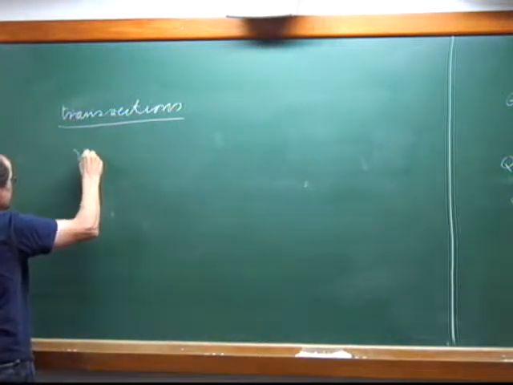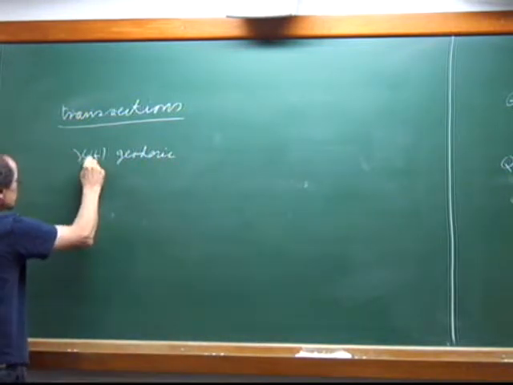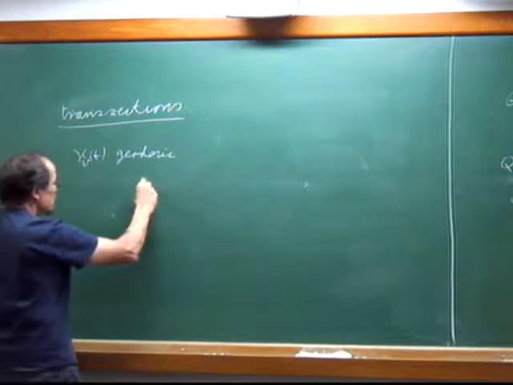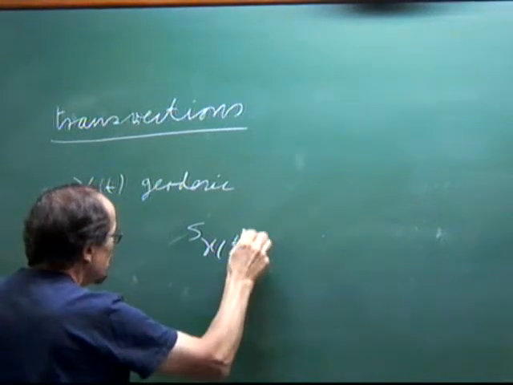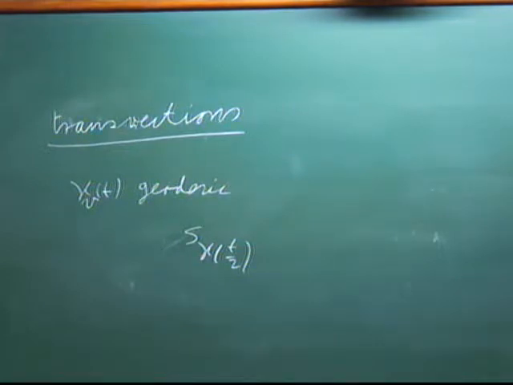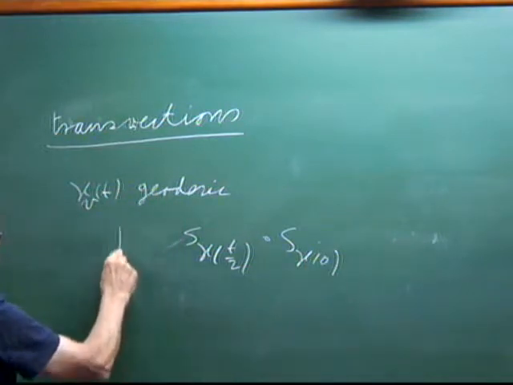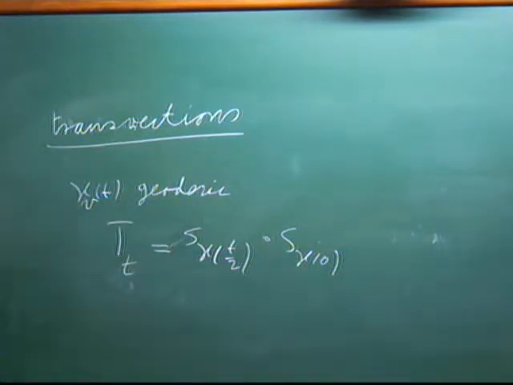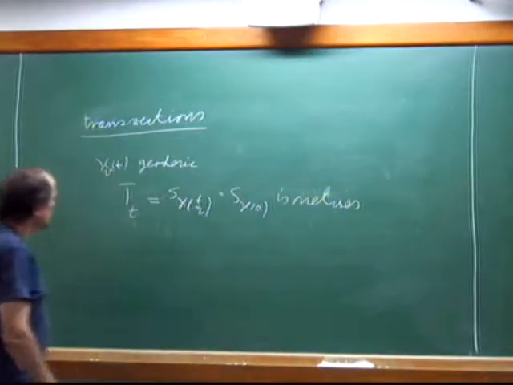For this, I choose a geodesic gamma of t, and I look at the symmetry around gamma of t over 2, before, composed with a symmetry around gamma of 0. Call that T sub t. These are compositions of isometries, so these are isometries. They are called transvections.